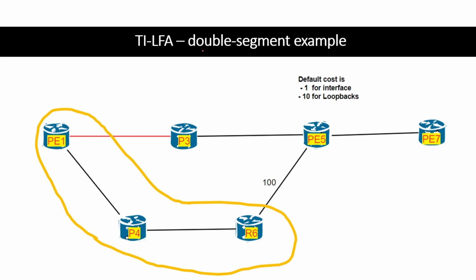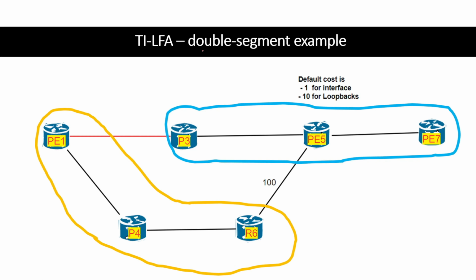So this is the P space for P1: P1, P4 and P6, or R6, sorry for the typo. And then P3, P5 and P7 are part of the Q space.